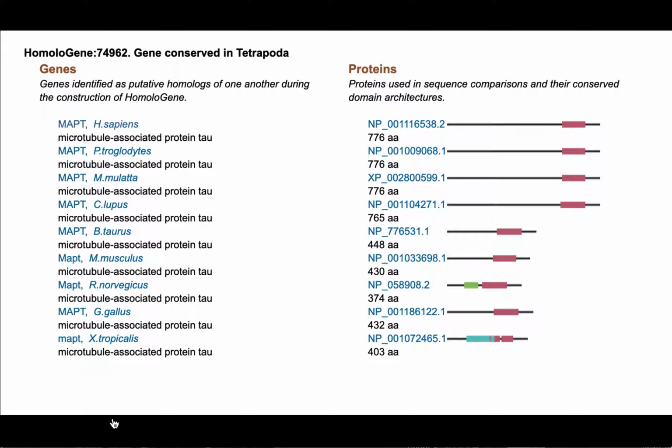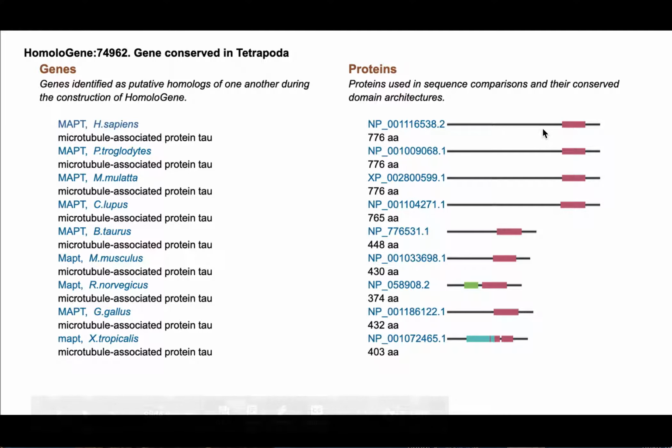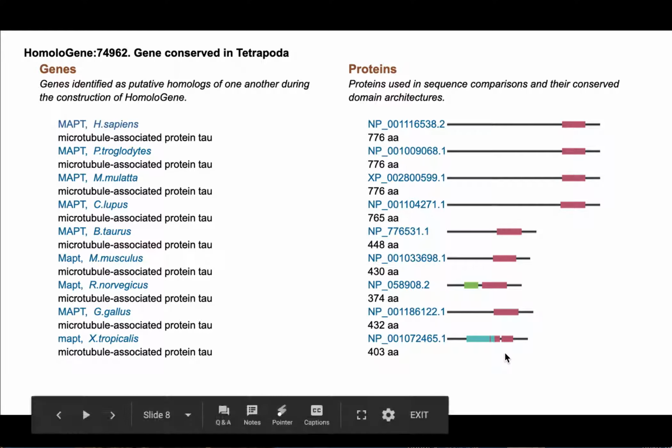It looked at the protein tau and gave me the organisms that really have homologies within this tau protein. It gives you the structures over here and shows you the comparison of the sequences and the sizes, and what is conserved and what's not conserved within them.